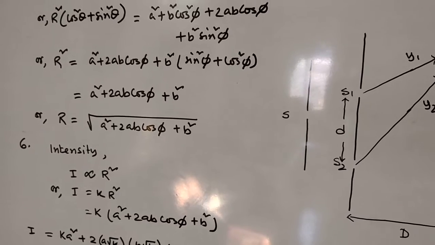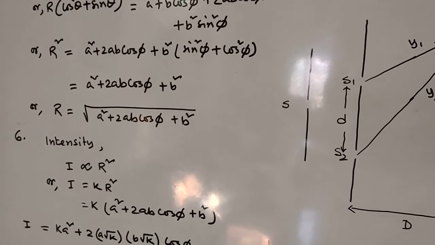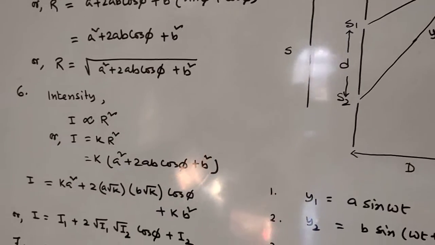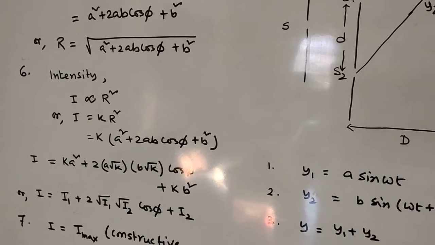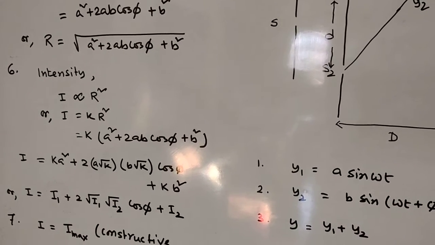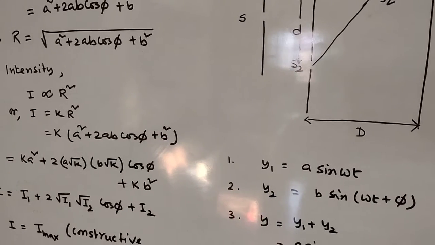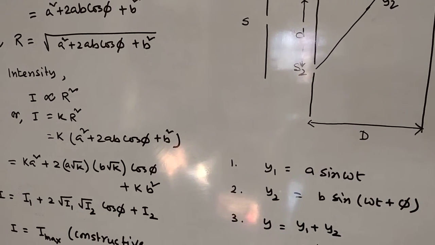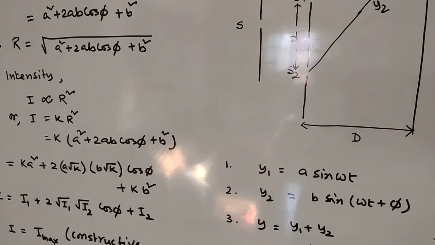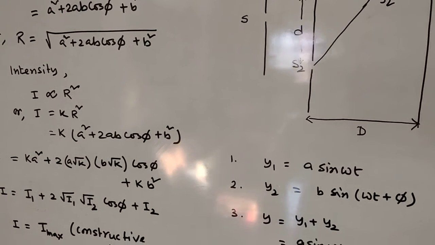Now in place of R square we substitute A square plus 2AB cos phi plus B square. If we expand, then K A square plus 2 A root K B root K cos phi plus K B square. It is just a simplification, only the arrangement.